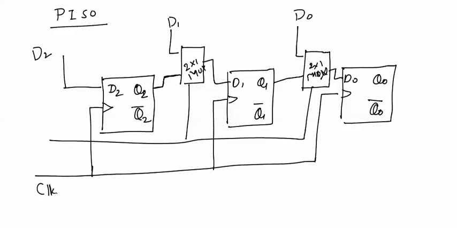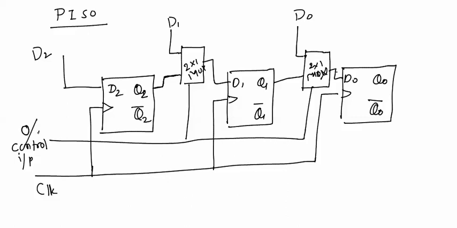This will be clock, this will be control input. Now the data can be applied parallelly, but for that the control input should have the desired value. If at the control input we have logic 0, then the upper input will be connected to the output, and these flip-flops will take an input from these bits D2, D1, D0.